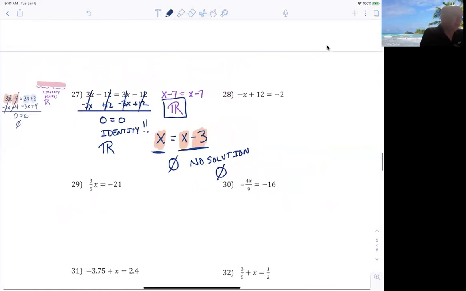Now what I want to do is I'm going to look ahead and I'm going to possibly do a couple hard ones. But what I want you to do now for your homework is every odd number that I skip, that's what I want you to do and submit to me, and then I'm going to look over it and see how you're doing. All right?